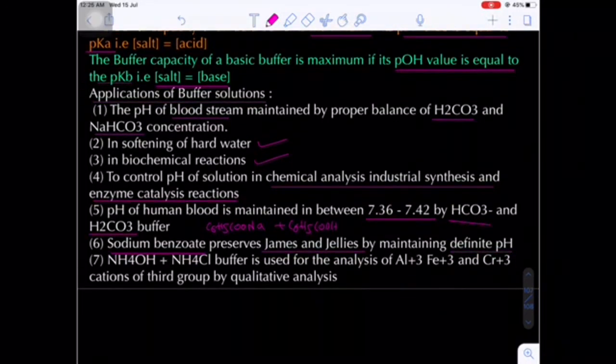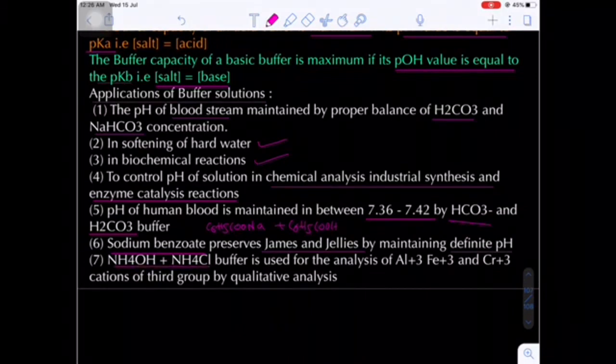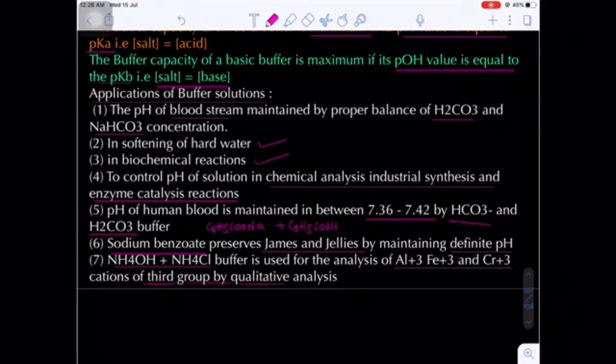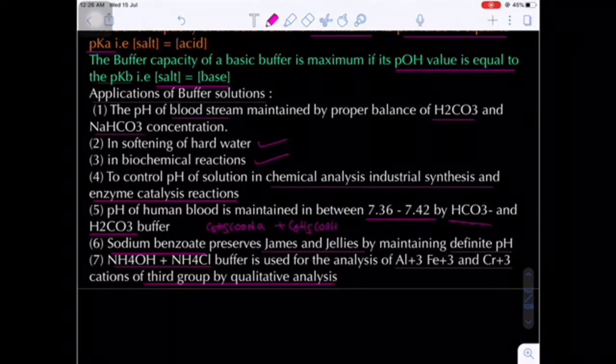It preserves jams and jellies by maintaining a definite pH value. And ammonium hydroxide and ammonium chloride is a basic buffer used for the analysis of cations such as aluminum ion, chromium ion, and iron +3 ions in the third group of qualitative analysis, which we will discuss in inorganic chemistry.